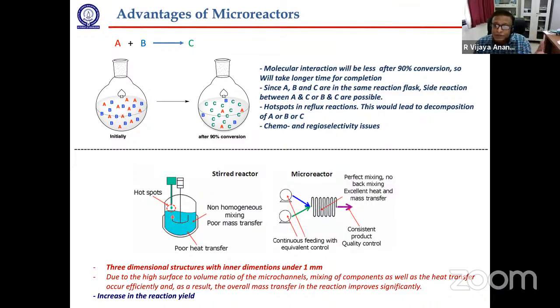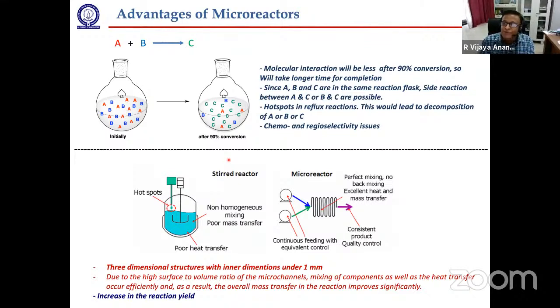So due to the temperature, suppose one of the components, A or B or C, is very sensitive to temperature, at that temperature it will not survive. So that would lead to some decomposition of A or B or C. So again, the concentration of byproducts or impurities will increase in the reaction mixture.